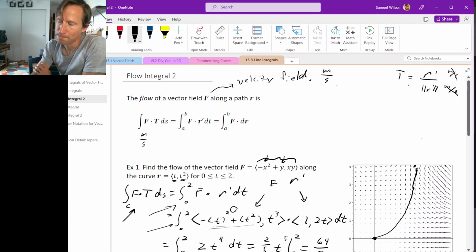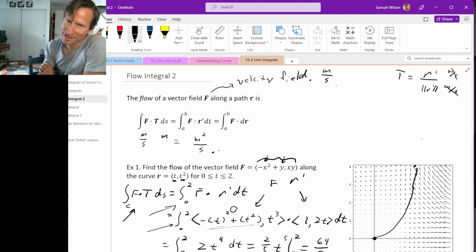So this unit vector T doesn't have any units. And then ds, well, ds is an infinitely small speck of arc length, s, and that's measured in meters. So when we integrate, we get something in meters squared per second, right? Which is a little weird.